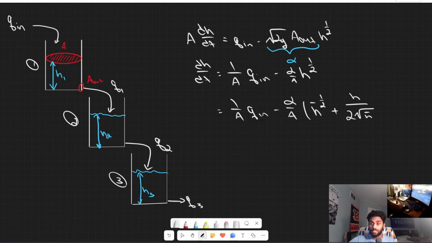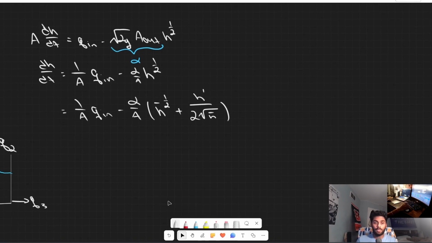And that difference is what we define as our h prime. So the h prime is emblematic of our height at time t minus the initial steady state height. So this is what that stands for.